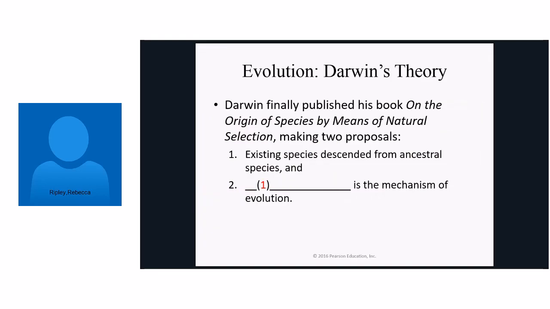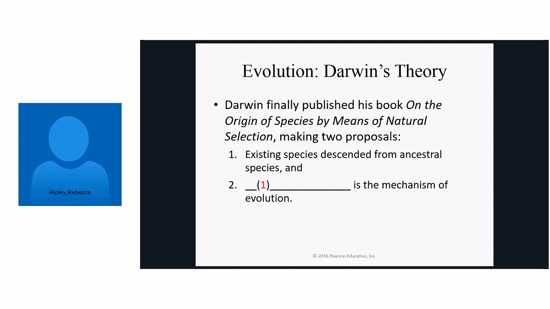Part of Darwin's theory is that species that exist today came from ancestral species, another type of species that is similar but different from far back in the past. And he also proposed how that happened.